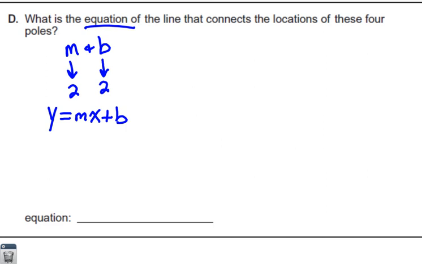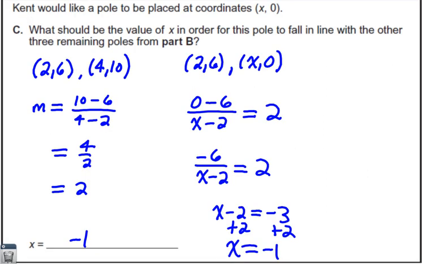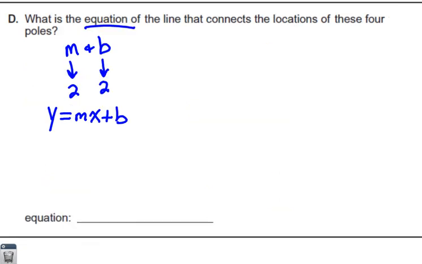All right? Now, with that in mind, I'm going to do it a different way and just be extra sure, just in the interest of reviewing other things and going above and beyond what the problem asks. So 2, 6, and 4, 10.